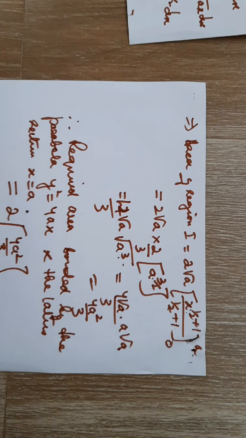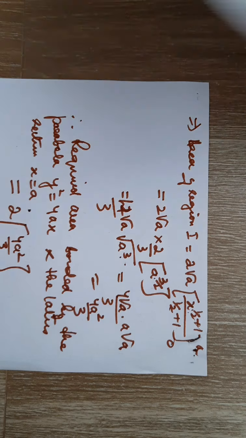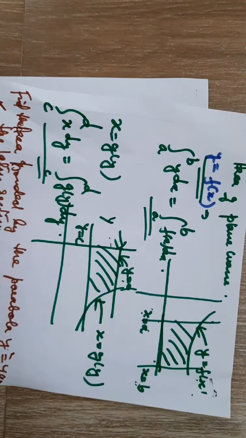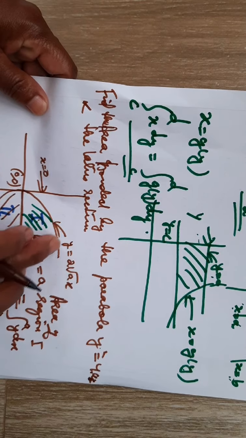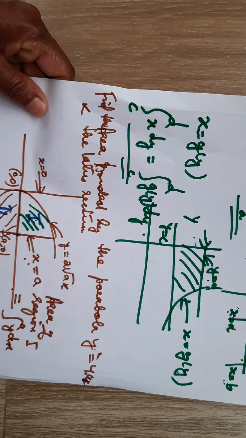Hope it is clear now. By using the formula integral a to b y dx, we can find the area bounded by the parabola y square is equal to 4ax and the latus rectum.